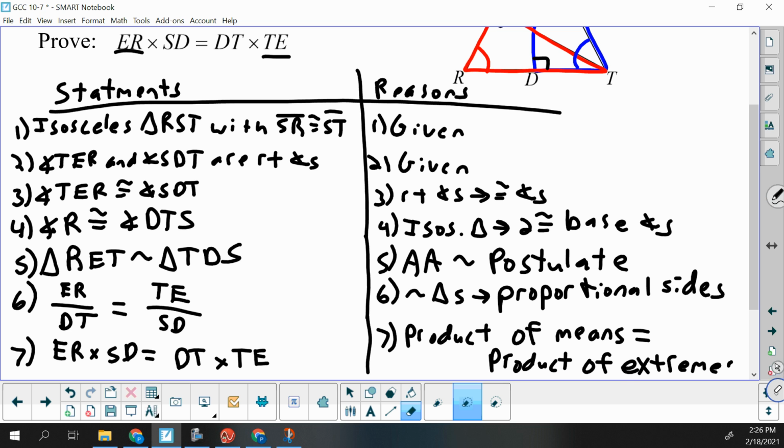And basically that is why we can cross multiply stuff. No, you cannot write cross multiply for the reason, you have to write product of means equals product of extremes. And that's basically the new thing for today, that one extra step. So we'll be able to do a whole bunch of practice with similar triangle proofs, and then we'll practice that one new step as well in the rest of this video.